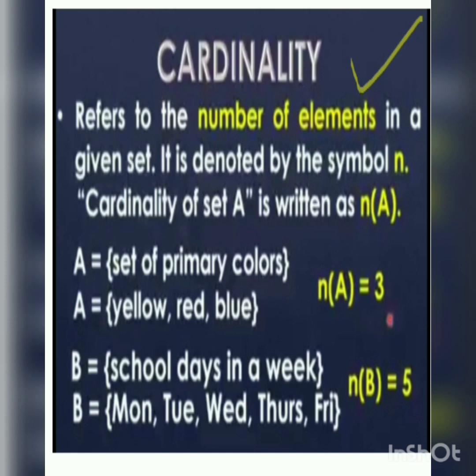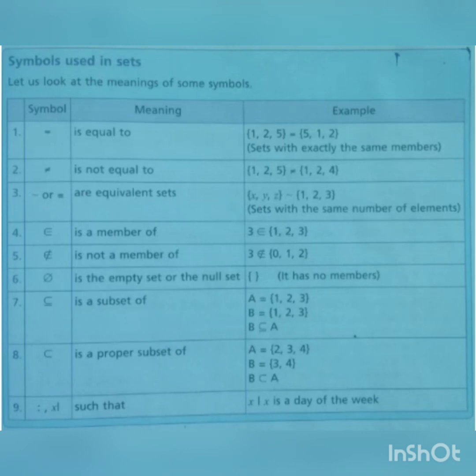Let's see the symbols to represent all these. Now the symbols used in sets are given. First one is the symbol whose meaning is equal to. An example is also given to understand the concept of equals to, which is {1, 2, 5} equals {5, 1, 2}.